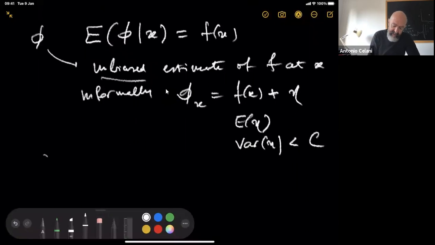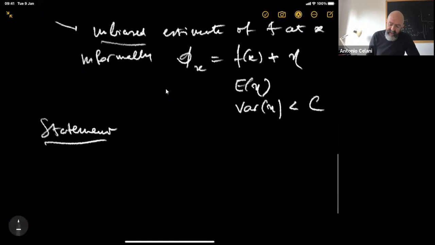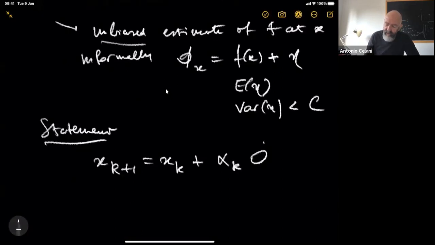is that the sequence of points generated by the algorithm x k plus 1 equals x k plus alpha k times phi evaluated at the point x k.